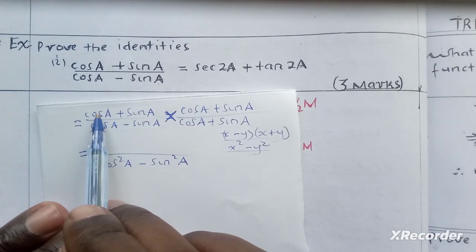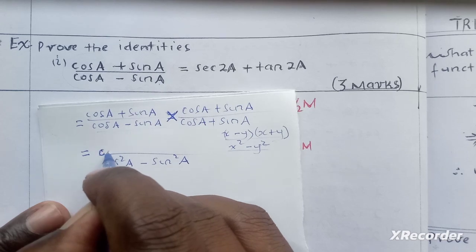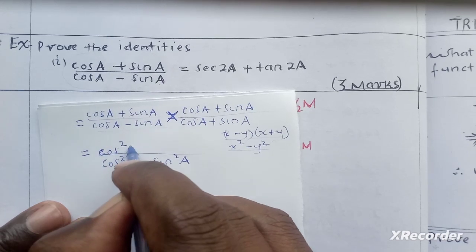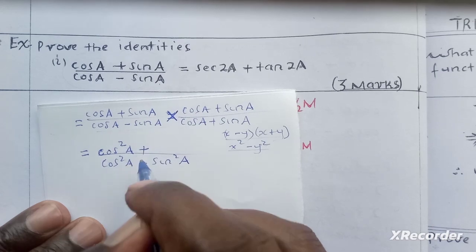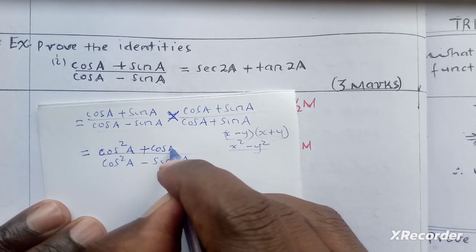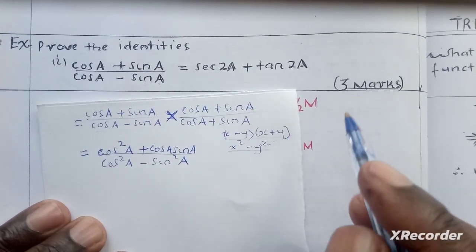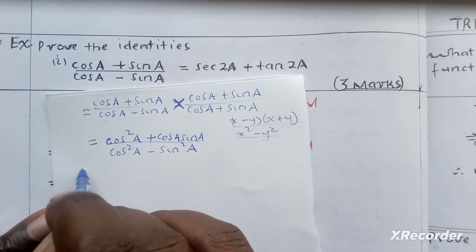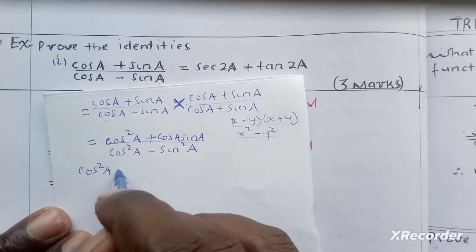Then from there we can multiply cos and that. That will be cos squared A plus cos A sin A. Maybe let me write it here so that we can expand better.